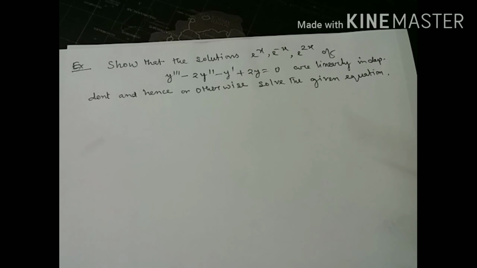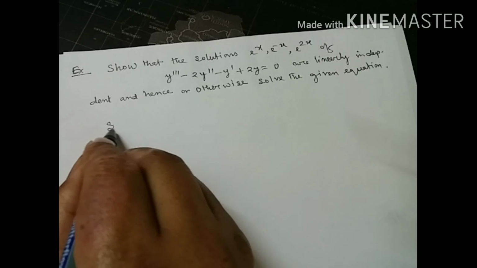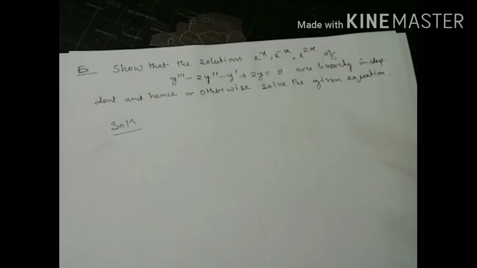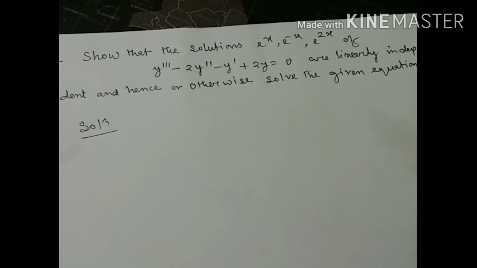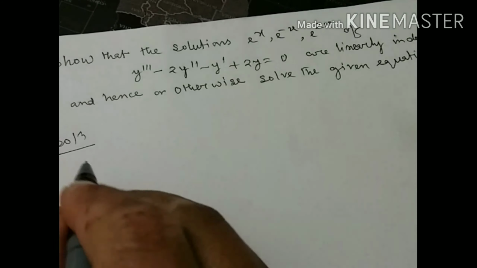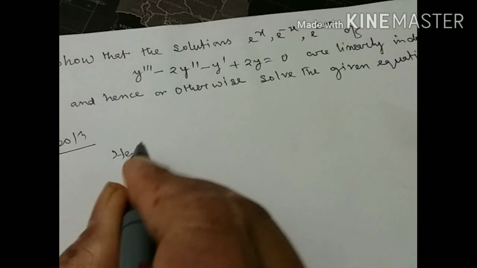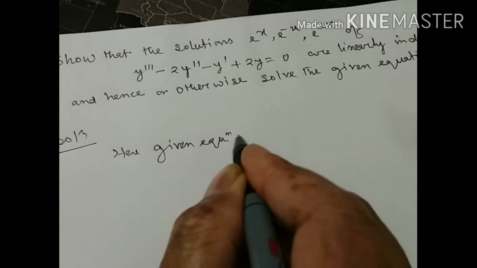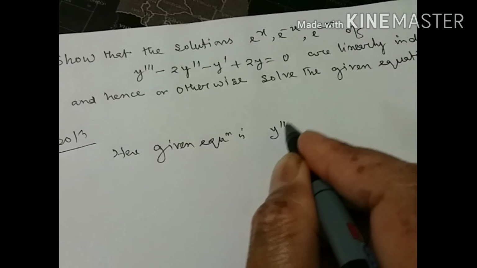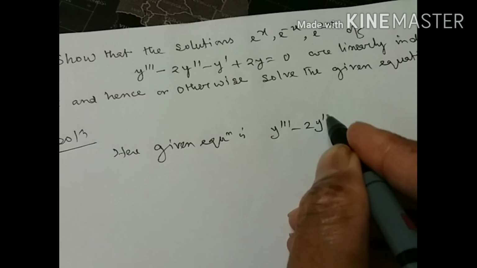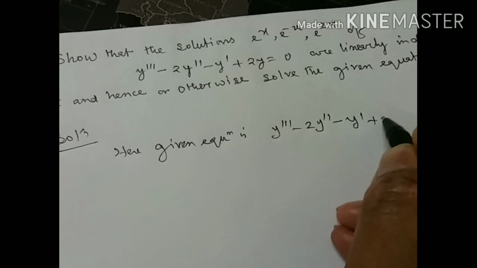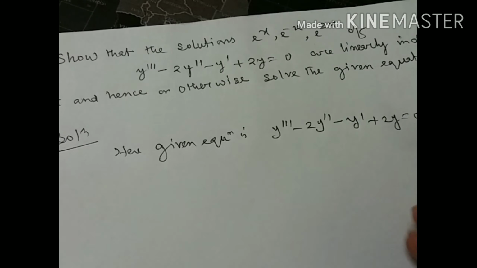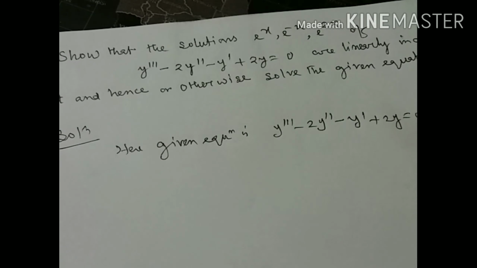So first, how to do? First, we are solving this equation. First, we are writing the given equation here. Given equation is y triple dash minus twice y double dash minus y dash plus twice y equal to 0. Mark it 1.